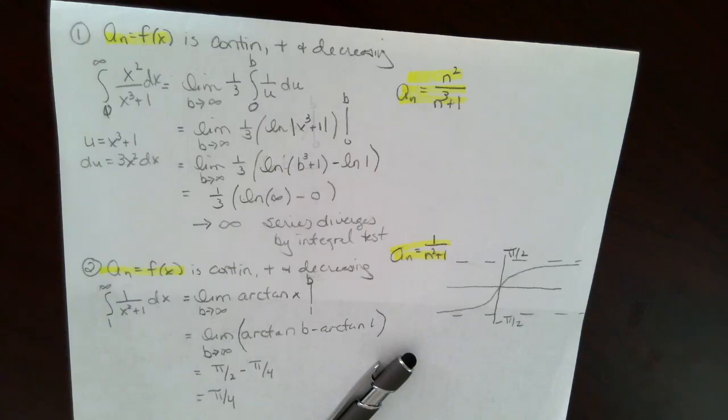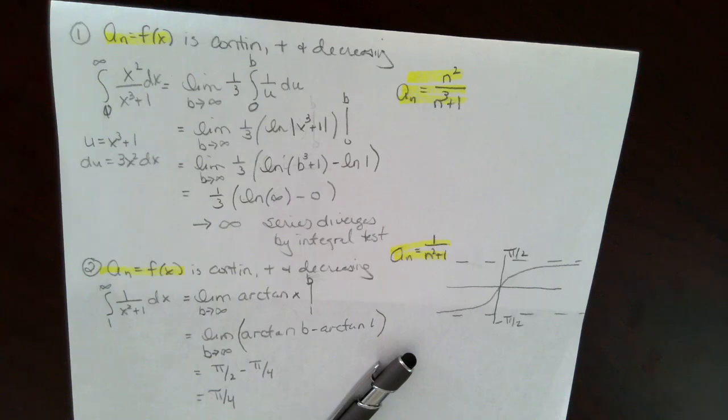You integrate and then you have to do that. Once that b is in there, then you can drop the limit. It would be 1/3 times the limit. Is it just ln of b cubed plus 1 minus ln of 1?